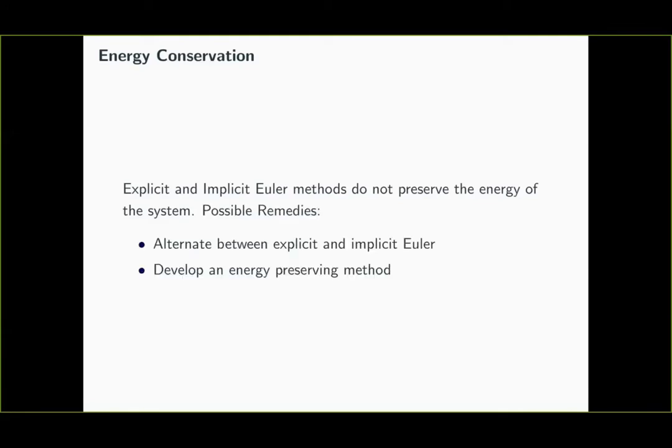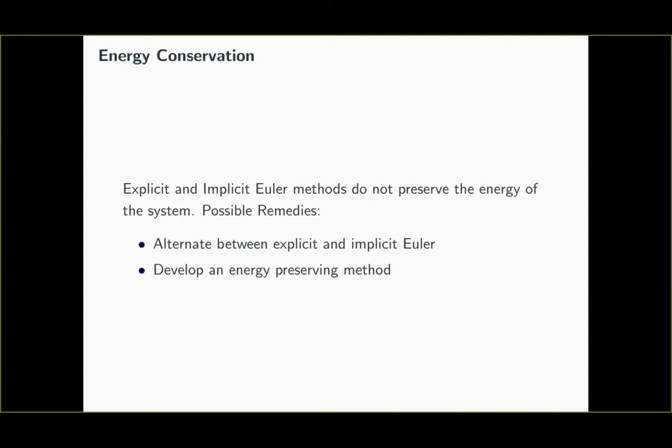One possibility is to alternate between the explicit and the implicit Euler method. We've got this term 1 plus omega squared h squared, and each iteration step of the explicit Euler method increases energy by that factor. The energy gets multiplied with 1 plus omega squared h squared, whereas on the other hand, the implicit Euler method decreases the energy by multiplication with 1 plus omega squared h squared to the minus 1.